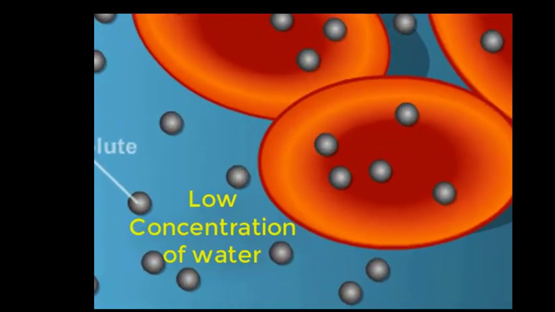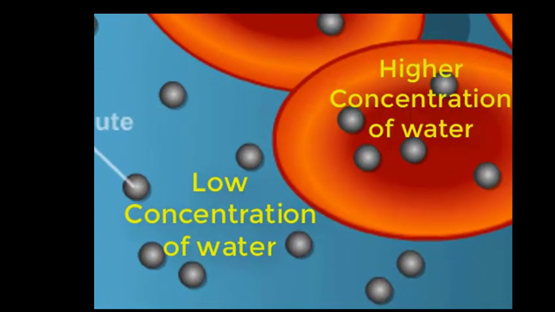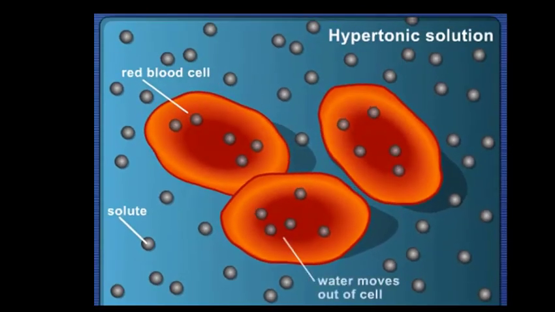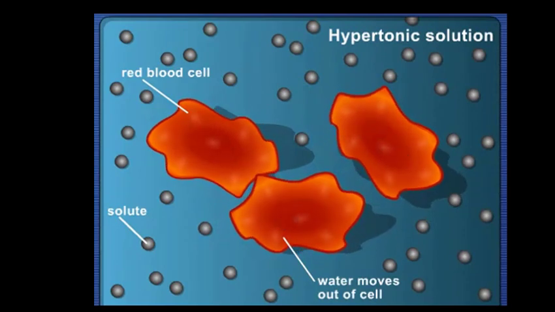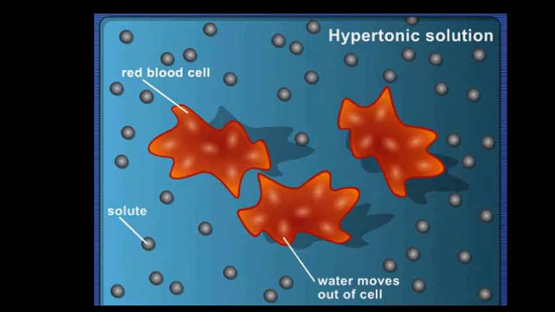If you have fewer solutes on the inside of the cell, you're going to have more water, so you'll have an area of high concentration. Because this is osmosis, water will move from an area of high concentration to an area of low concentration, which for this example means that the water is going to leave the inside of the cell, and as a result, the cell will start to shrivel up, which isn't very good because the cells need water.